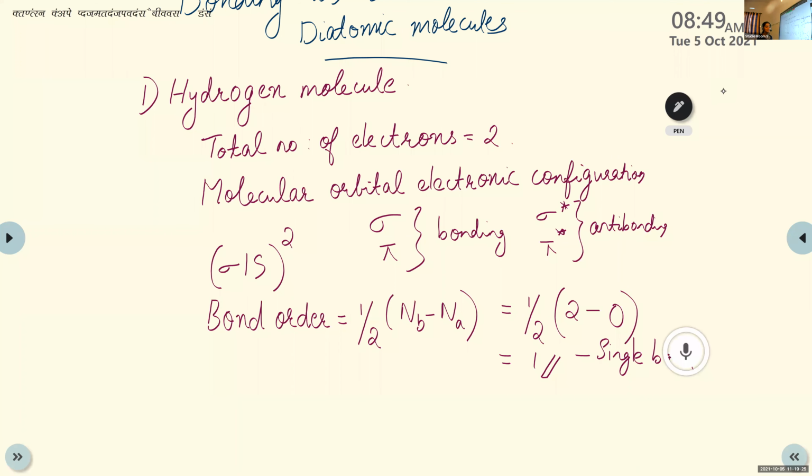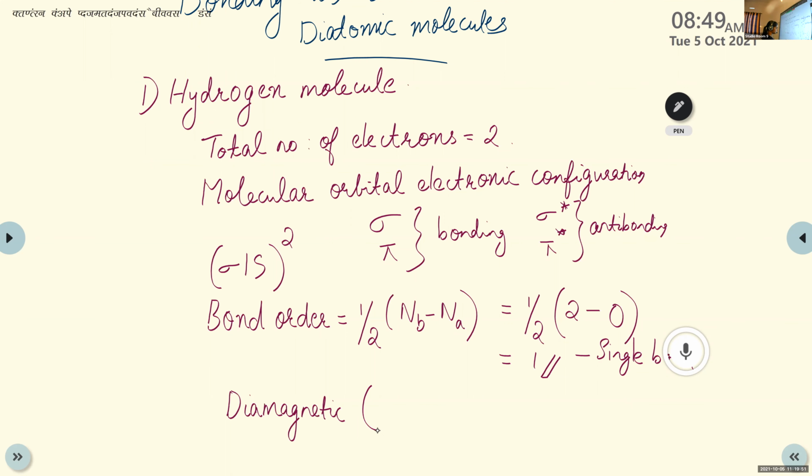Jewel? Paramagnetic. Para means unpaired electron will be there. Any unpaired electron here? No, ma'am, no unpaired electron is there. Okay, so it's diamagnetic. Only 2 electrons, and these 2 electrons are paired.